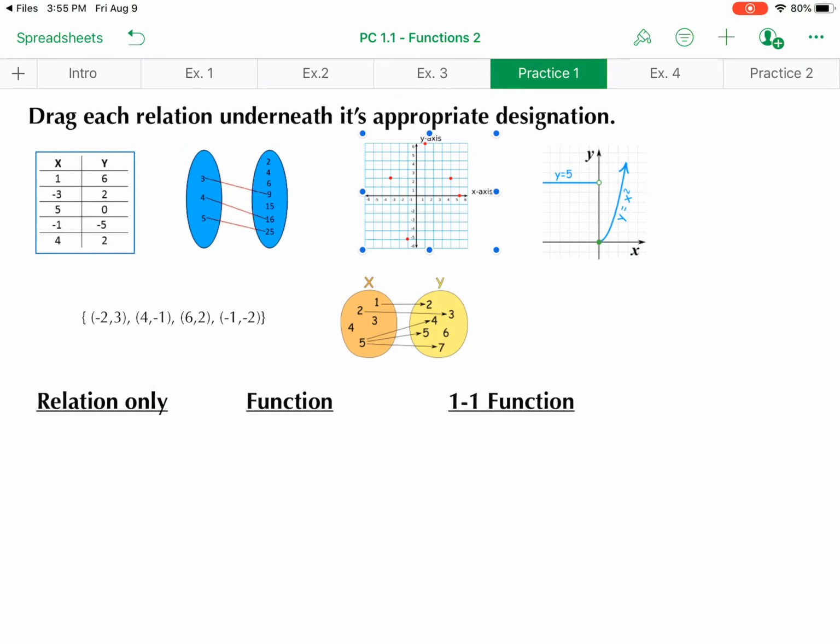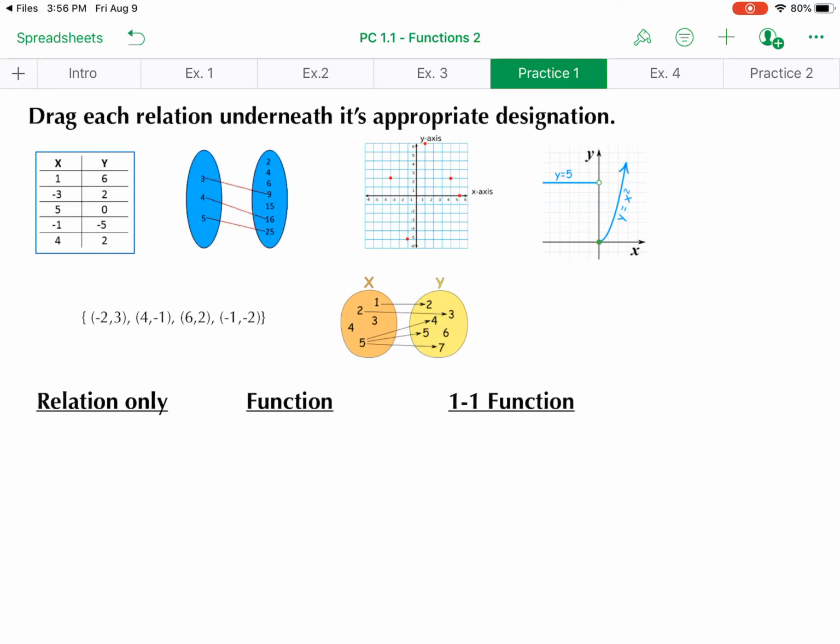All right, on this next slide, you are being asked to take the relation that is depicted and determine whether it's just a relation, a function, or a one-to-one function. It's asking you to drag each relation underneath its appropriate designation.